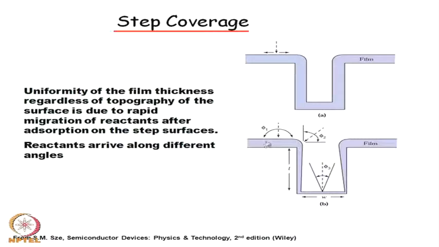Suppose one reactant molecule comes here, it is adsorbed and then it migrates very rapidly throughout the length and breadth of the surface. However, if that migration of the vapor molecules does not take place fast, then there will be non-conformal step coverage.